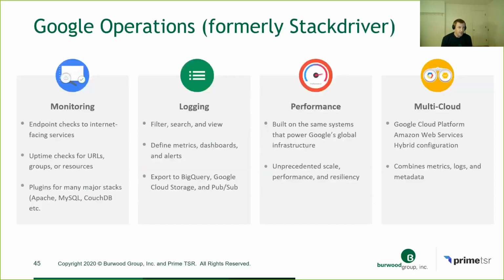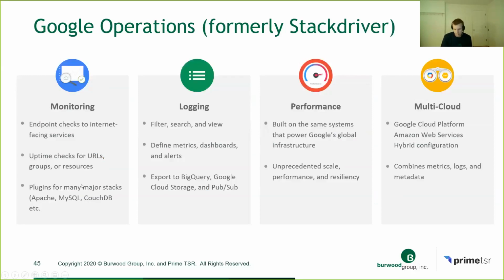Getting into some of the details, Google provides a fantastic tool formerly called Stackdriver. Now it's called Google Operations. This is where it's going to handle monitoring of VMs and those cloud services as well. It's great for uptime checks as well. It plugs into a lot of major stacks; we have ours plugged into Slack, which is a very common one.